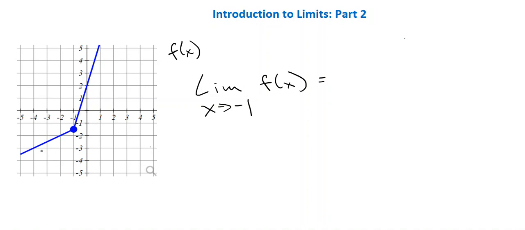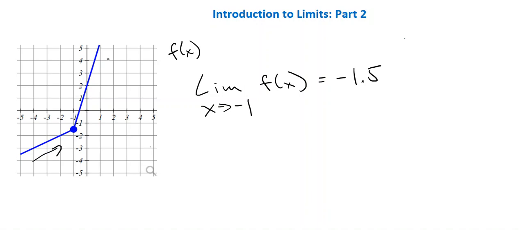We can move along this line coming from the left-hand side, from smaller values. And as x approaches -1, we can see that the y value, or the function value, is approaching what looks to be -1.5. And so we would say that the limit of the function as x approaches -1 is -1.5 as we are coming from the left.